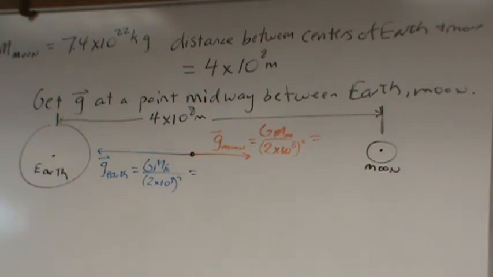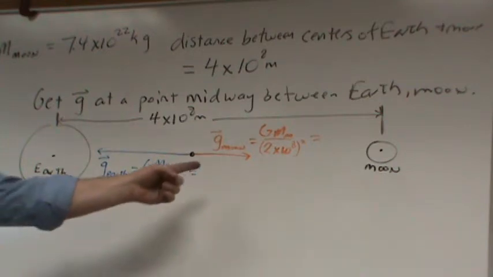Tell me when you guys are done. G times the mass of the Earth over the distance. All right, I declare you guys done. What'd you get for the gravitational field due to the moon?